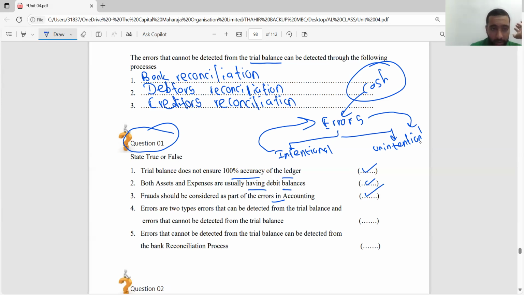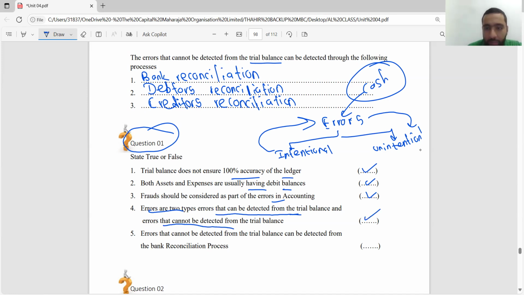Did you all understand, students? Is everything okay? Majority said no. Only Ziana said yes. Okay, can I go forward? Errors are two types: errors that can be detected from the trial balance, and errors that cannot be detected from the trial balance.